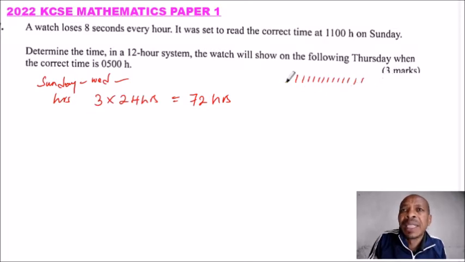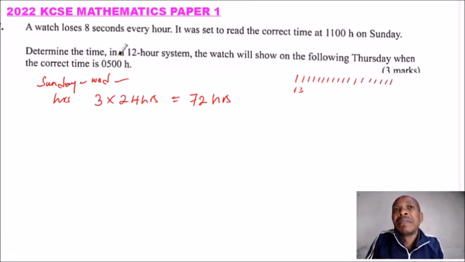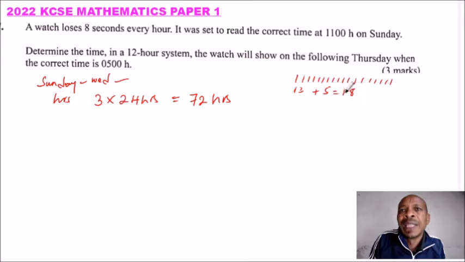So we have 13 hours. Then from 12 we have 1, 2, 3, 4, 5, up to 5 a.m. We have 5 hours. If you add these two, you get 18 hours.